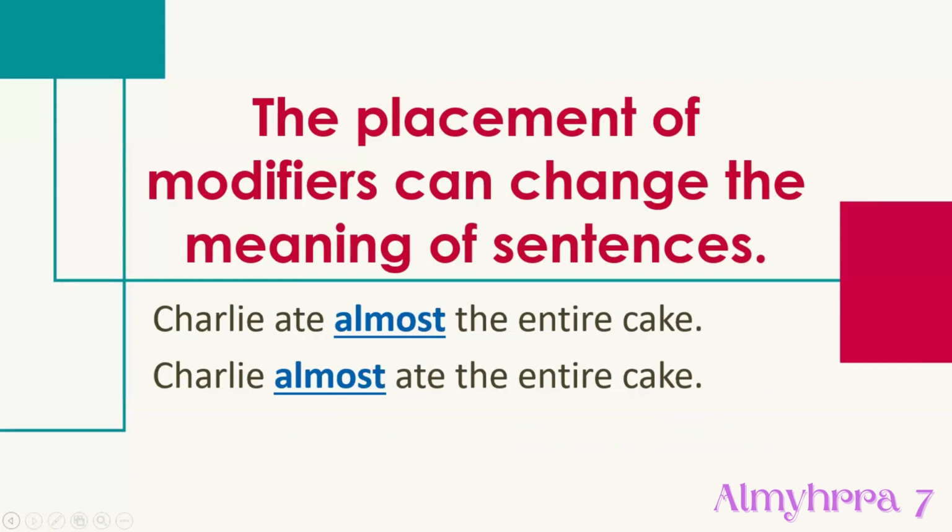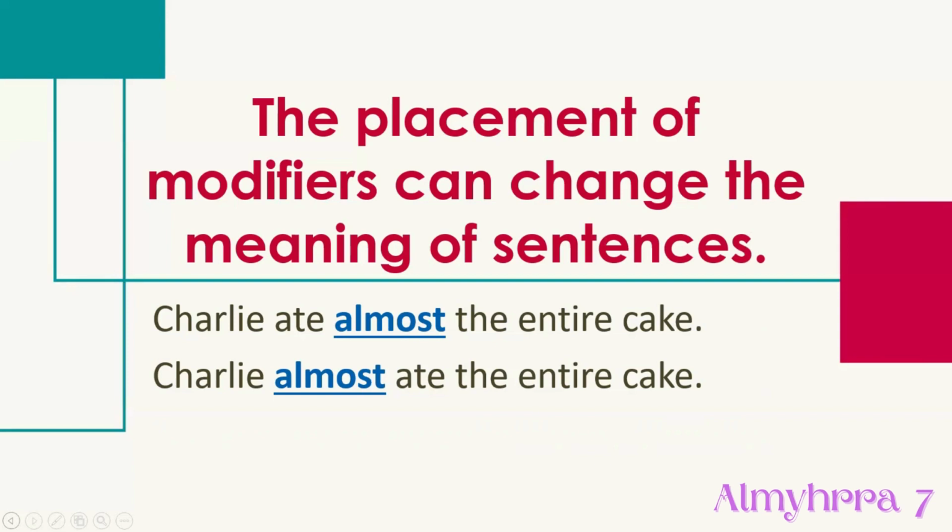Example, you have here, Charlie ate almost the entire cake. We have here almost referring to the word entire. Almost here becomes an adverb that describes the word entire, which is an adjective.